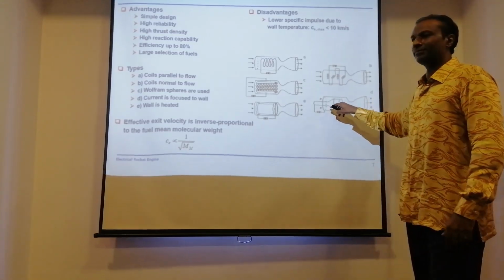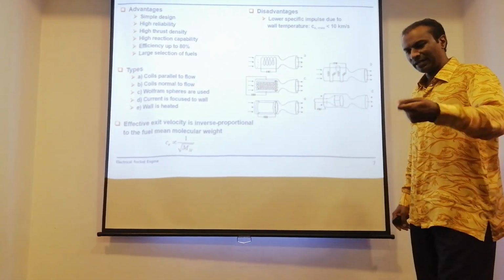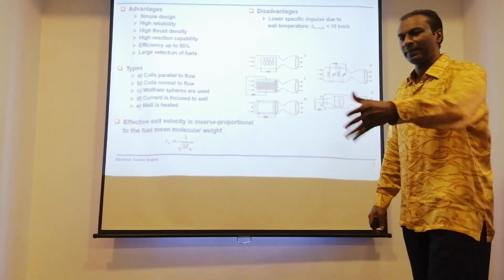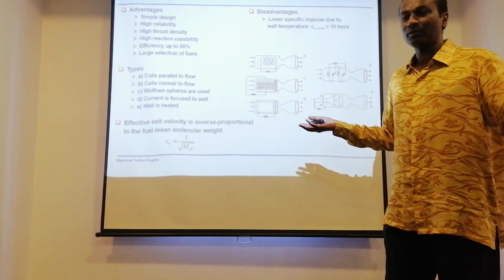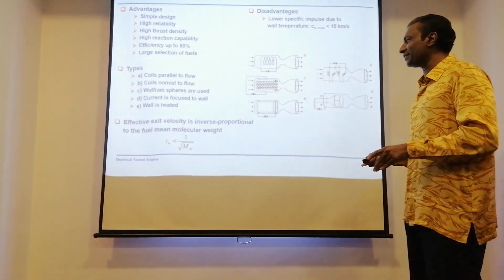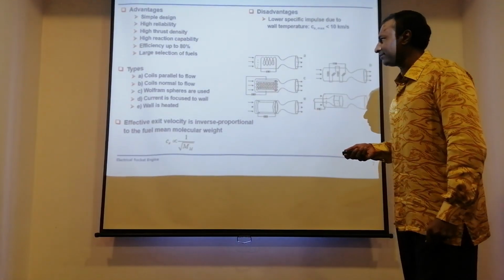That's what happens here. There are so many types, but the fundamental is very simple: on electricity, the coil is highly heated up, you splash the fuel on top of it, and it burns. Bingo. Almost like a car, so to say, but a car has a different system, with different fuel burning.